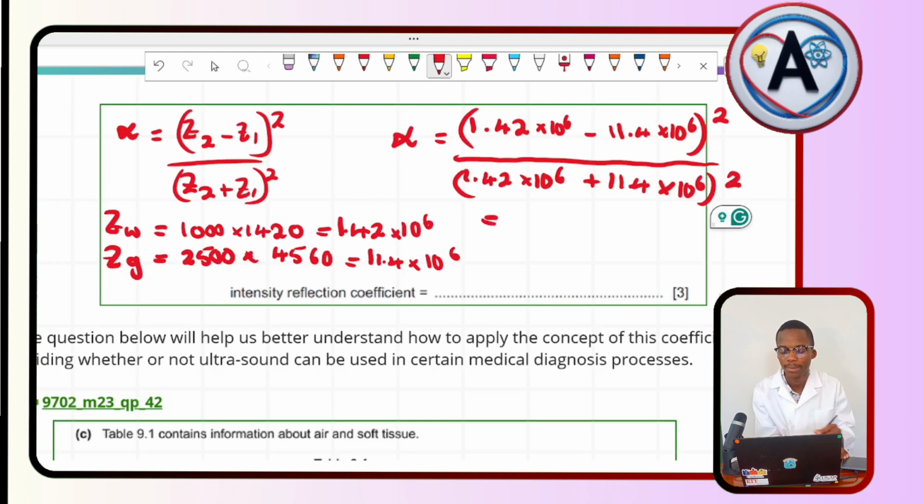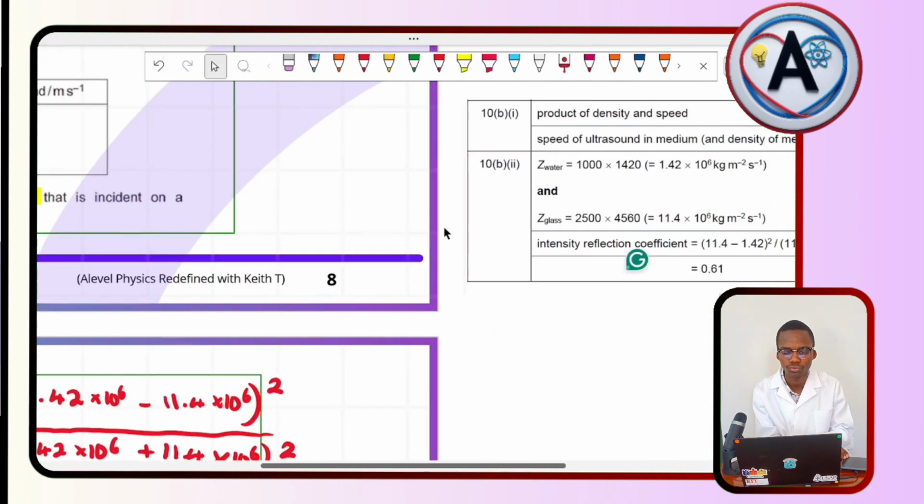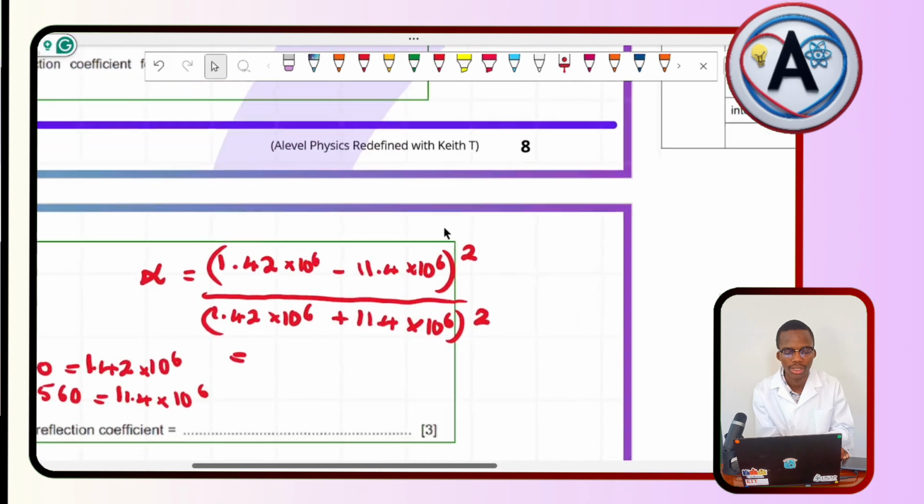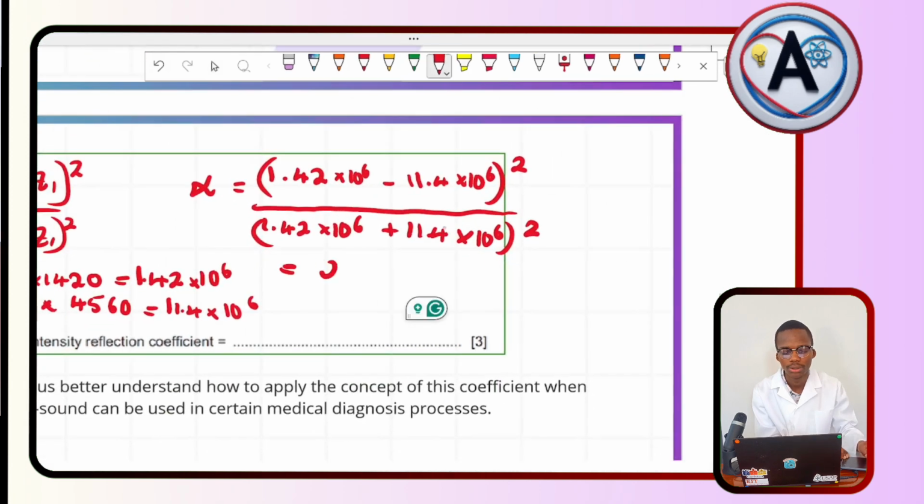And the value of alpha that I'm going to get from this computation is going to be 0.61. Okay. So this is how I'm applying and finding the intensity reflection coefficient.